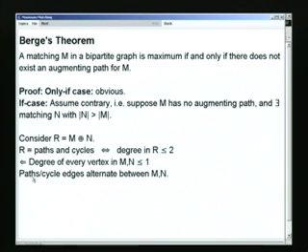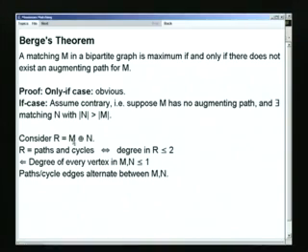Here is an interesting fact about R. It consists of paths and cycles, but the edges in R alternate between M and N. Why is that? Well, could there be two consecutive edges in R coming from M? No, because M has been defined to consist of edges such that at most one edge is incident on any vertex.